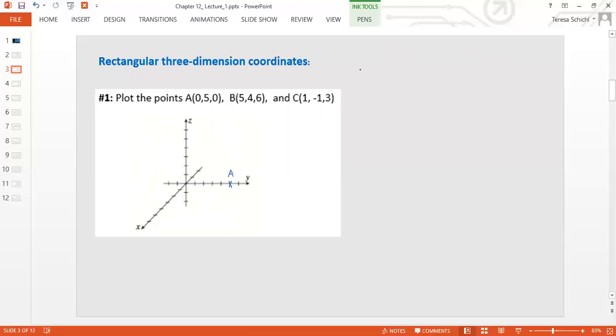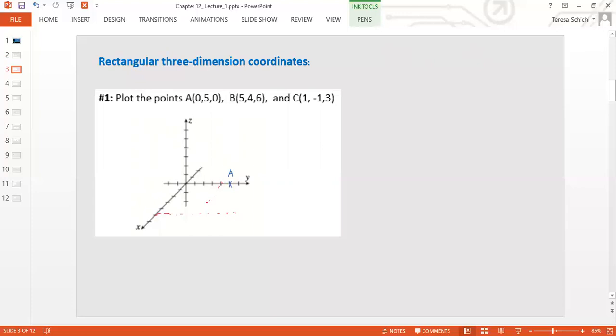Now let's look at point B. I'm going to use a different color. B has x equal to 5, so you find 1, 2, 3, 4, 5. Then you draw a parallel line to y, and y is 4, so it's 1, 2, 3, 4.